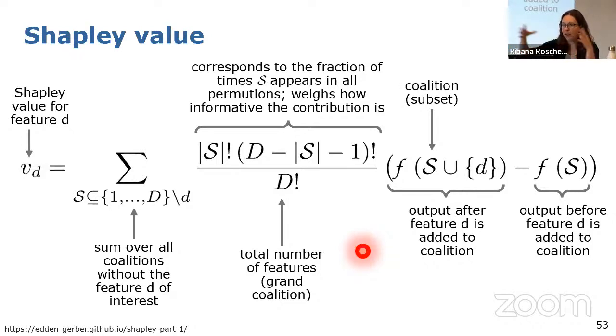So when everybody's already there and it's added, this is most informative. So this weight is high for these 2 scenarios, and then it gets a lower weight when you have some other kind of coalition. So this is the best intuition I found, and I think it's okay.